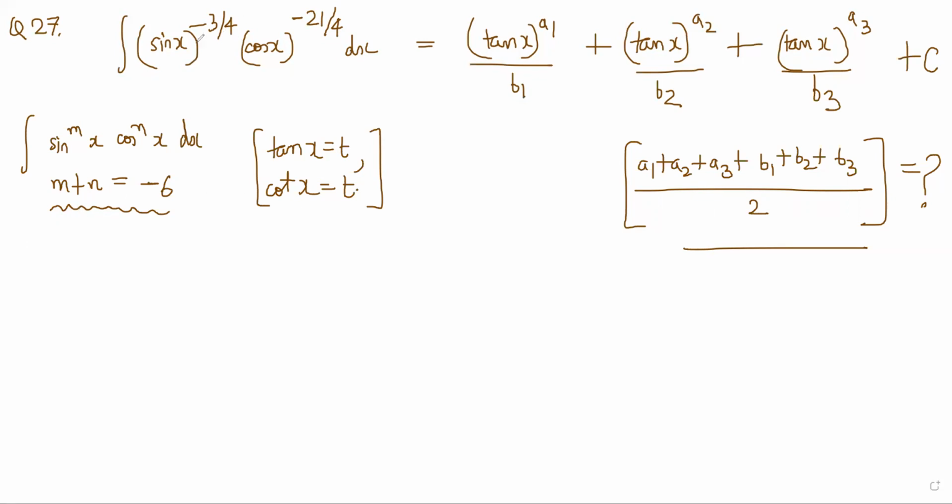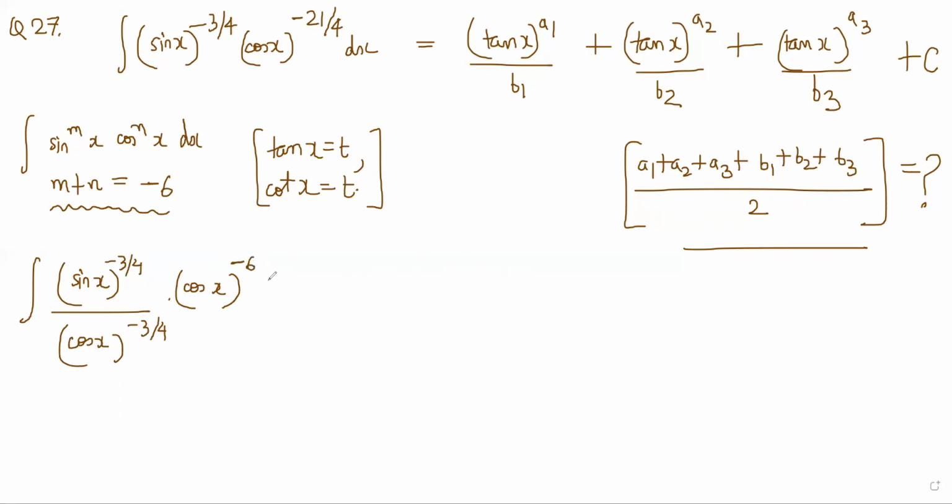So this is actually becoming integral of sin x to the power minus 3 by 4 divided by cos x to the power minus 3 by 4. And if I put minus 3 by 4, I should multiply here also by minus 3 by 4. So it will be minus 24 by 4, which is equal to minus 6, right?